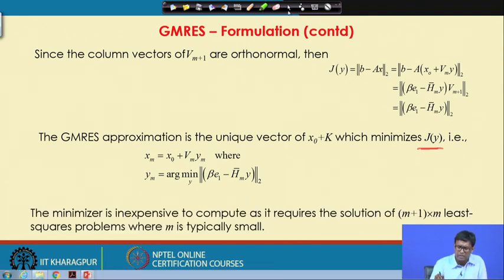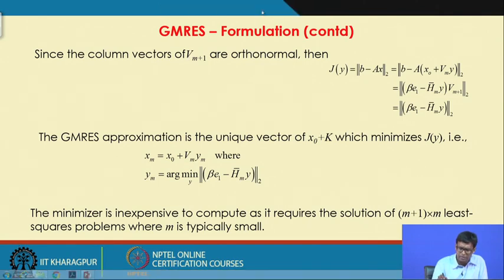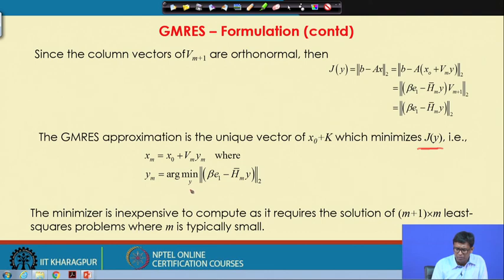And this is the idea of the GMRES method: you find the minimum of J(y), which is the norm of beta E1 minus Hm bar y.